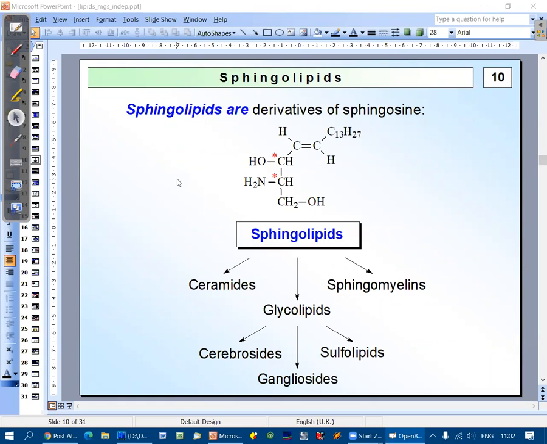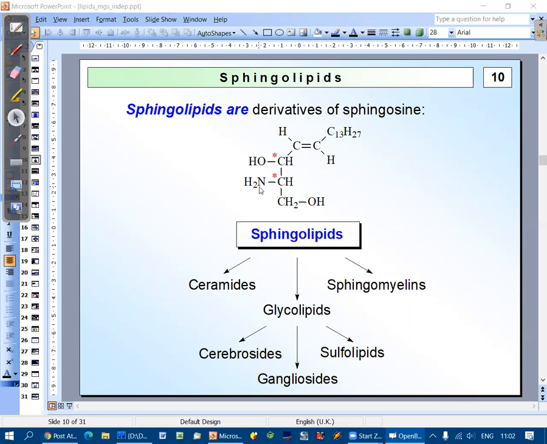Now sphingolipids. First of all, instead of glycerol, the alcohol in sphingolipids is sphingosine. Sphingosine is unsaturated amino alcohol with two chiral centers. And the residue of fatty acid is attached to the amine group.